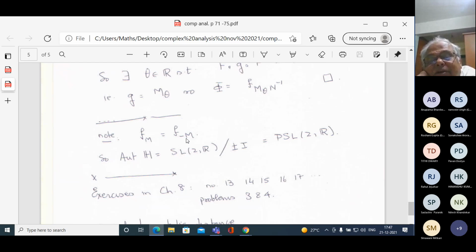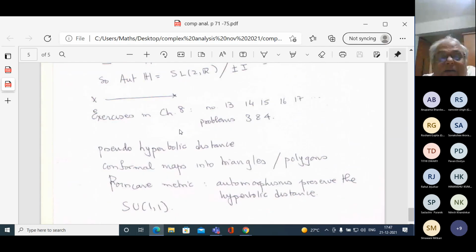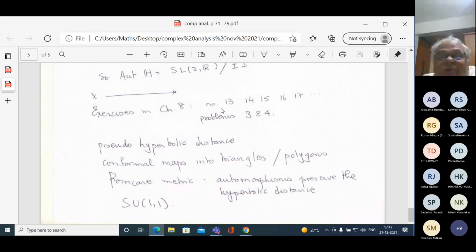Now this is the beginning of some very interesting developments in mathematics, and these developments have been explained in Stein and Shakarchi, chapter 8. There are exercises and problems there, and they are extremely interesting.